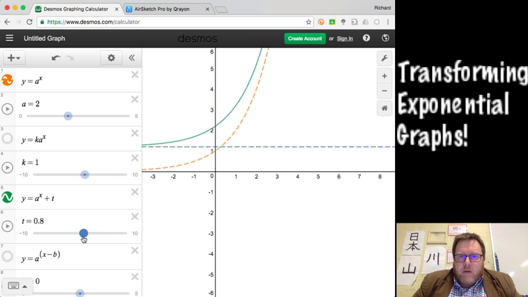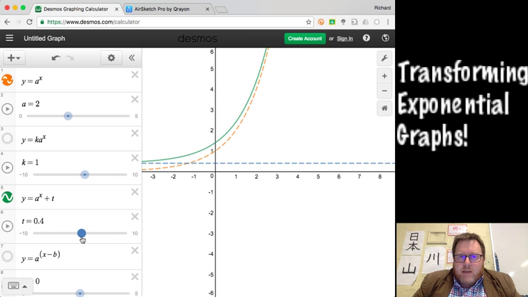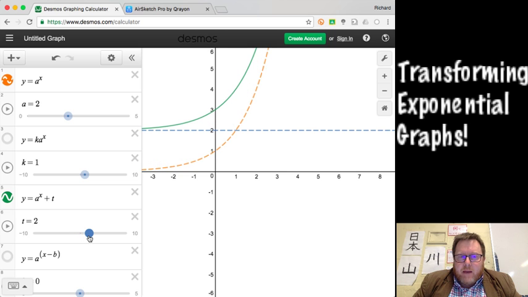The entire graph remains exactly the same, but gets translated vertically by that number of units. So when t equals 2, all of my graph is translated by 2 units. Effectively, I've gone from 1 to 3, 2 more units up for my y-intercept.